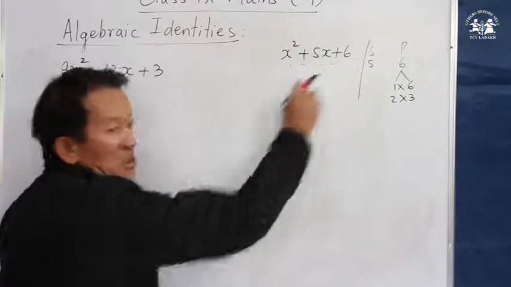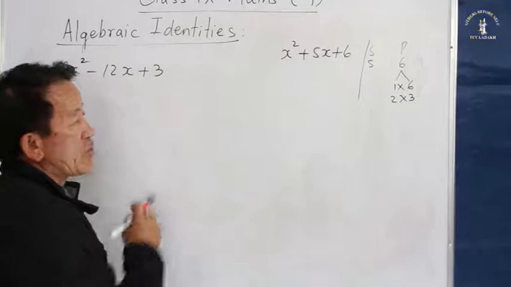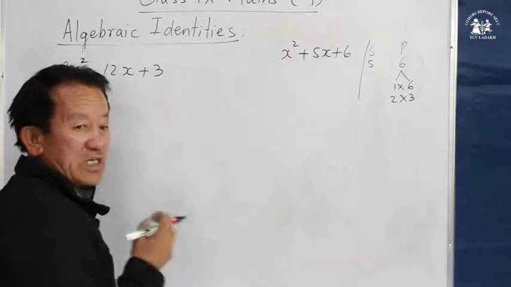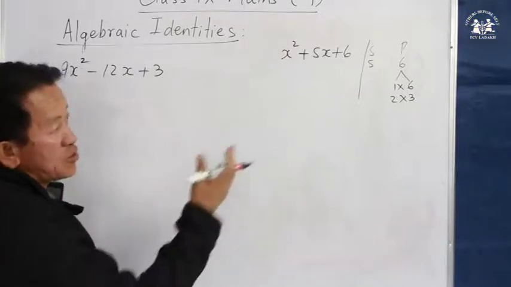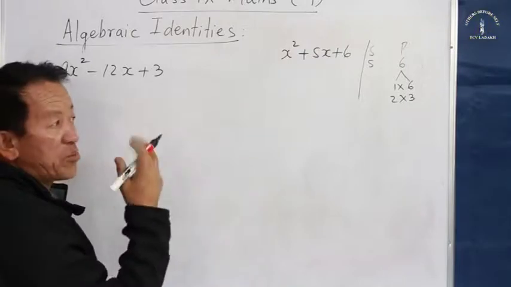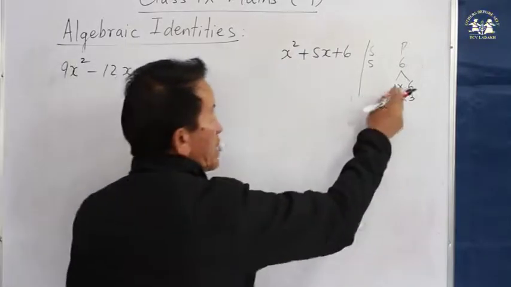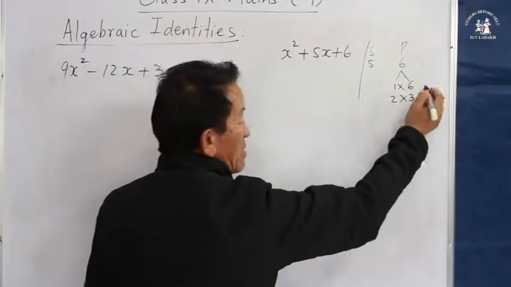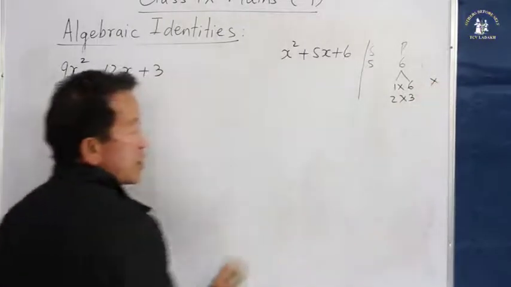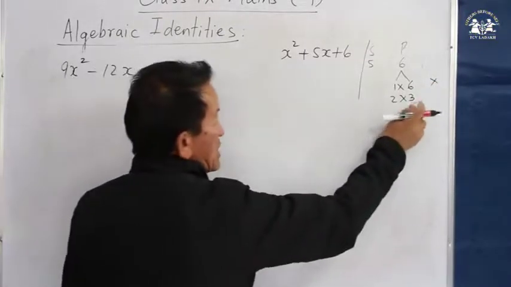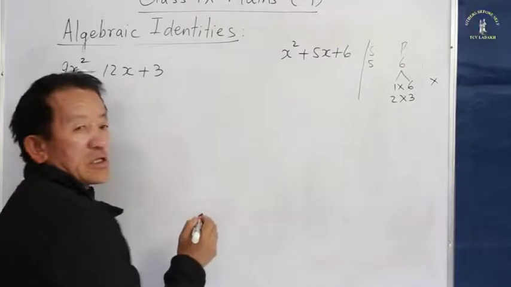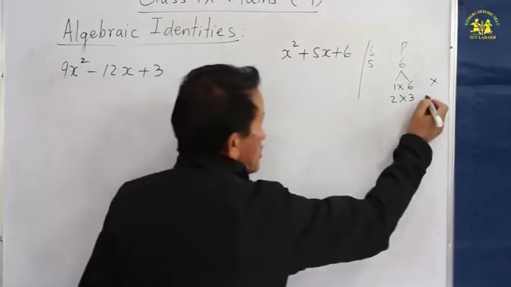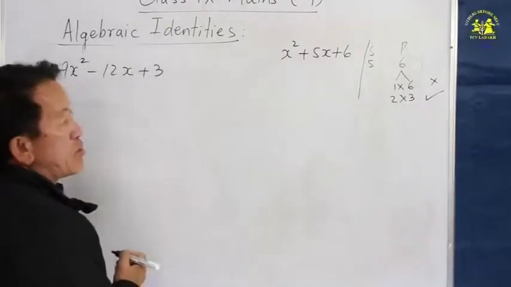Since all the terms are having positive sign, we'll have no problem in deciding the sign. So both the numbers will be positive. So 1 plus 6 is 7, so this is not the required number. 2 plus 3 is equal to 5. Yes, these two are the required numbers.